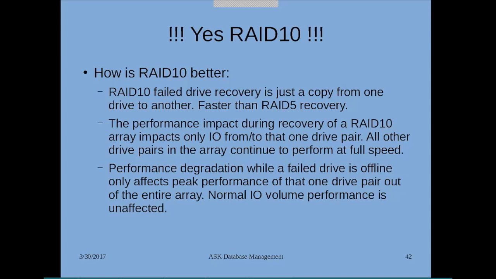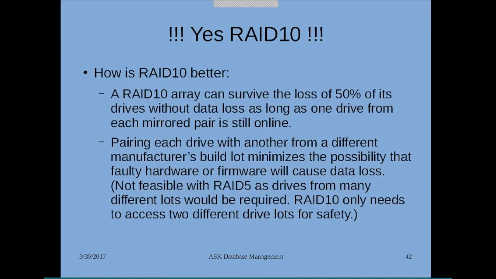And you can reduce the possibility of that because, remember, I mentioned that most drive failures are caused by hardware and firmware problems that may affect multiple drives in the same manufacturer's lot. Fine, build the two sides of the mirror from different manufacturers' lots. You minimize the probability or even the possibility that that's going to happen to you. Certainly, it's much lower than it is for RAID 5.